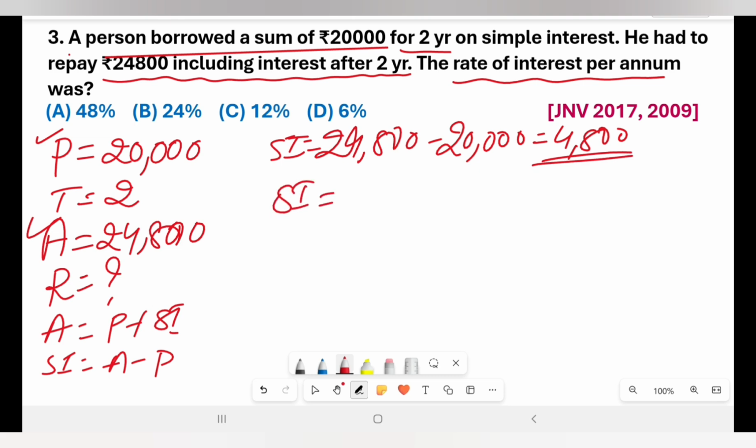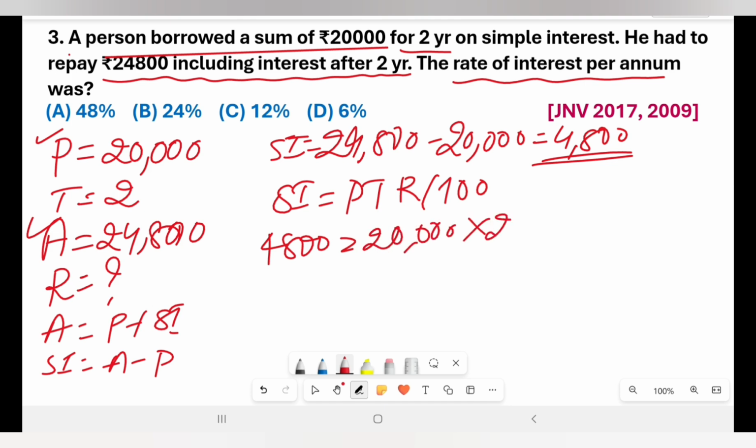We know the formula of simple interest: simple interest is equal to PTR by 100. Here simple interest is 4,800, P is the principal, that is 20,000 rupees, time is 2 years, and R is the value we have to find out. Keep it as it is, divided by 100. Cancelling the zeros, keep R on one side and transfer the other values to the other side.